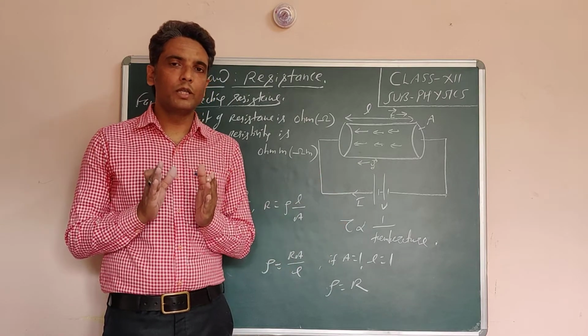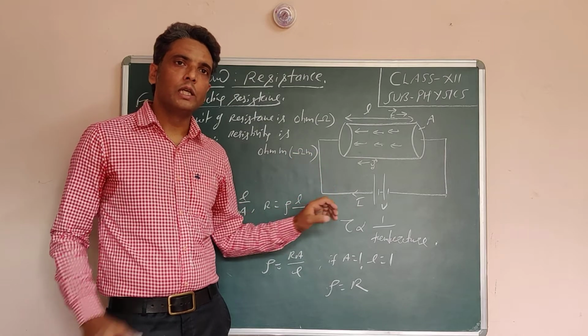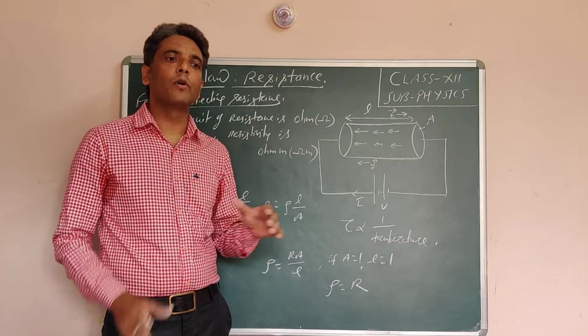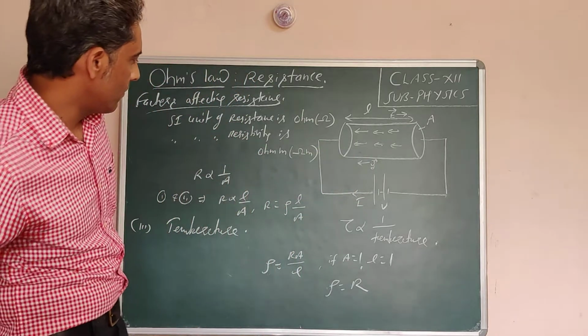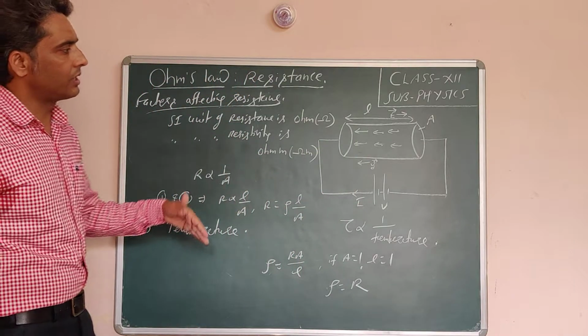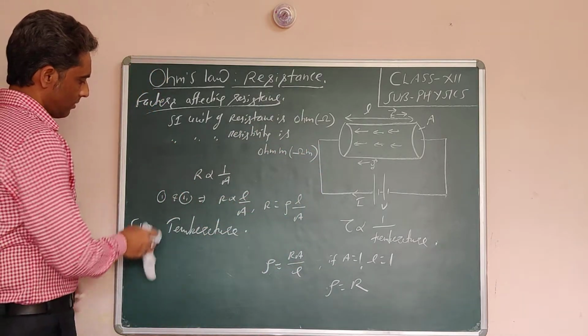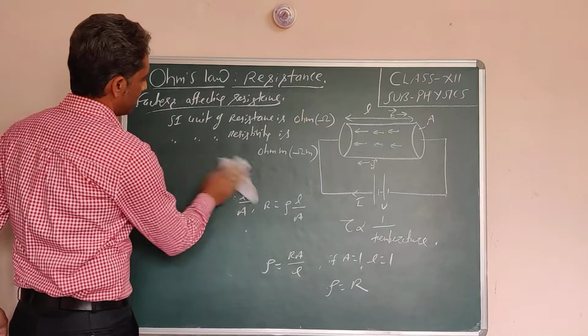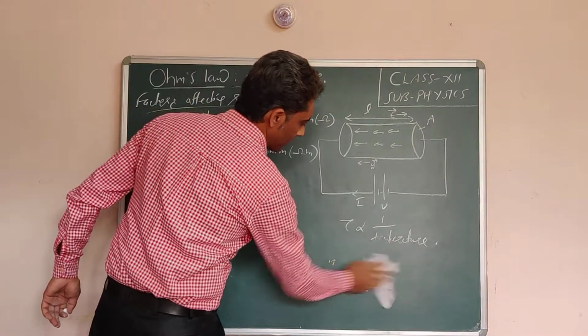So resistivity is the property of the material, and at a fixed temperature its value is the same for any dimensions of the material. But resistance changes with the dimensions. So these are the factors on which the resistance of the material depends.